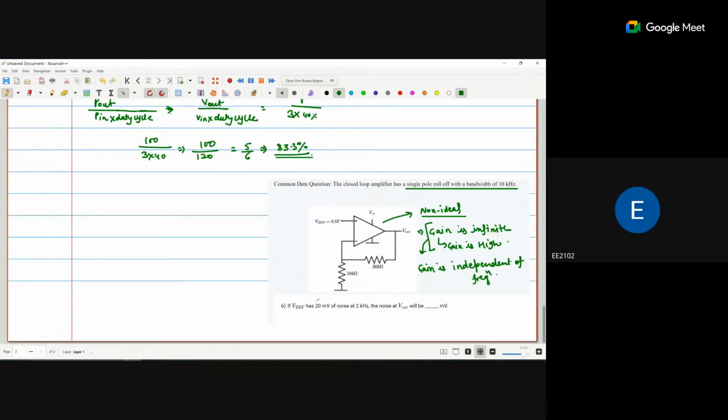Below 10 kilohertz it works as an ideal op-amp, and after 10 kilohertz it behaves as a non-ideal op-amp.